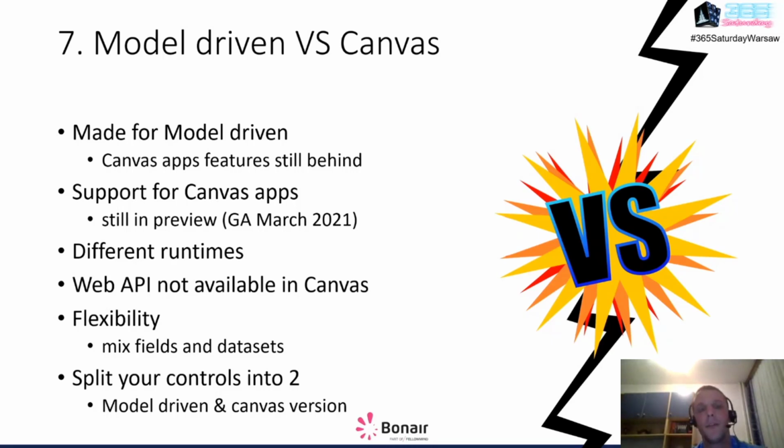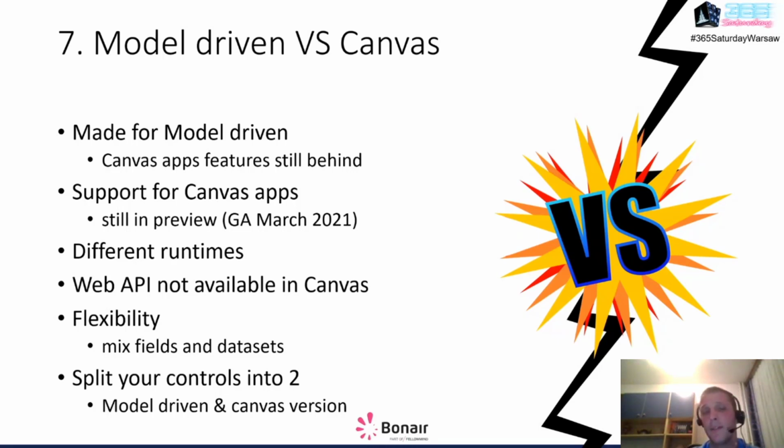So Microsoft developed the PCF component framework just for model-driven apps at start. And canvas app features are still behind the model-driven counterpart because of that. The priority is model-driven apps, and canvas apps is pushed a little bit down.